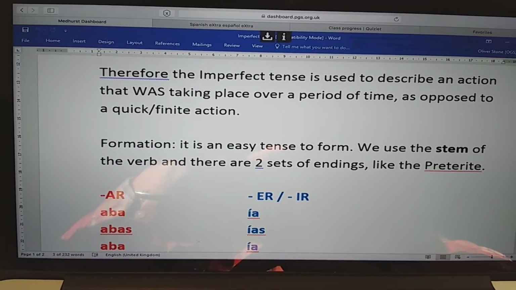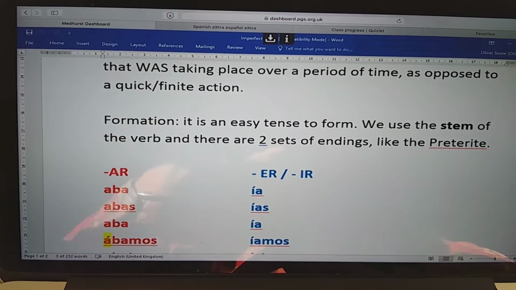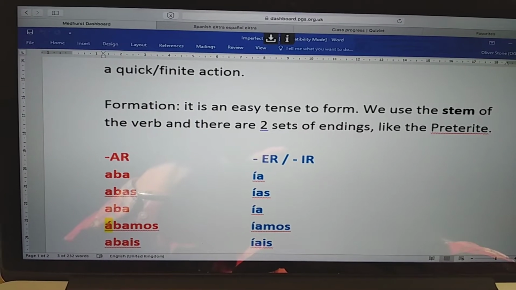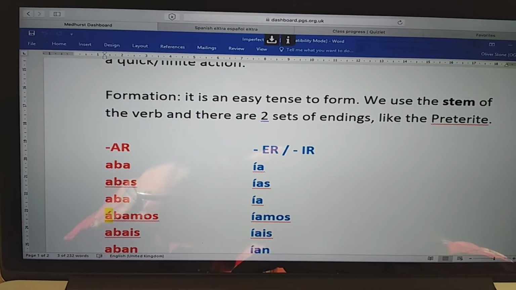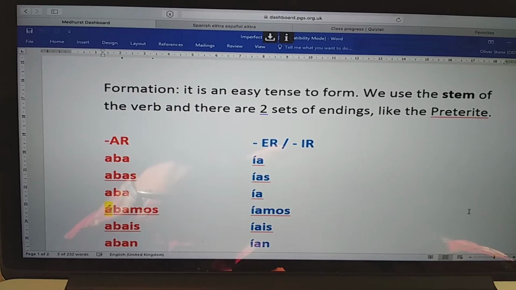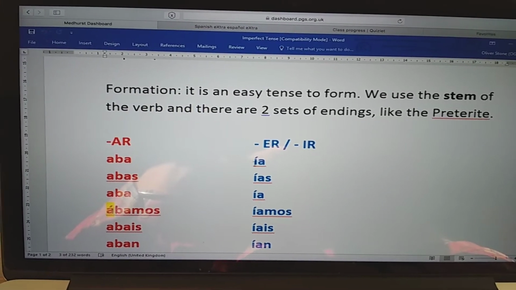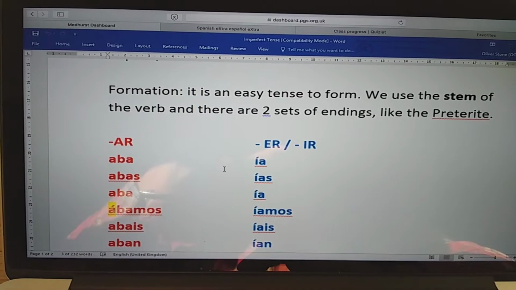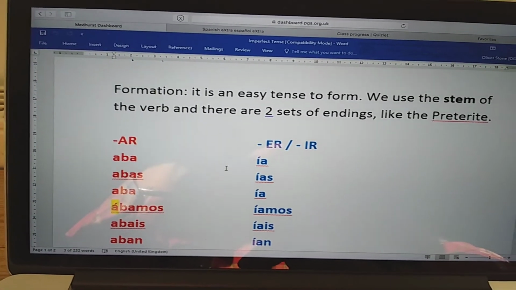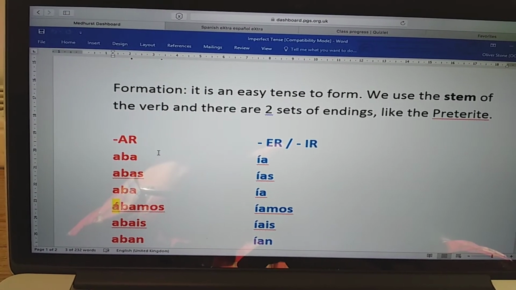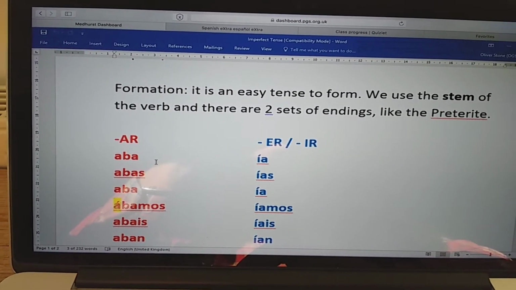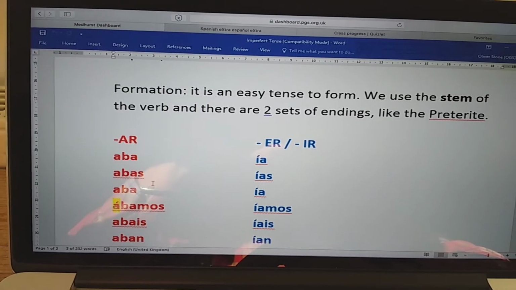So these are our two sets of endings. You'll see the ones on the left look rather strange. We've not really seen a set of endings that look like that at any point in Spanish, whereas here the ía endings you might have seen something similar before. For an AR verb it goes aba, abas, aba, ábamos, abais, aban.